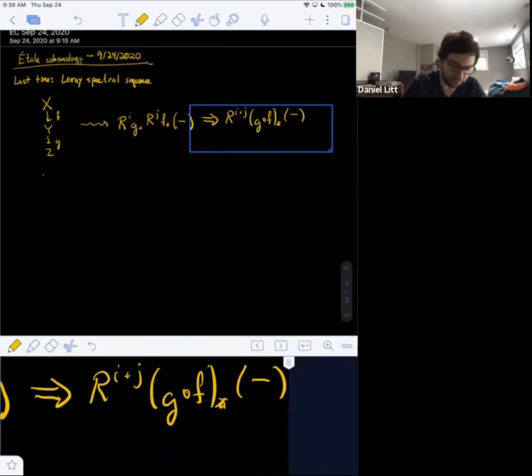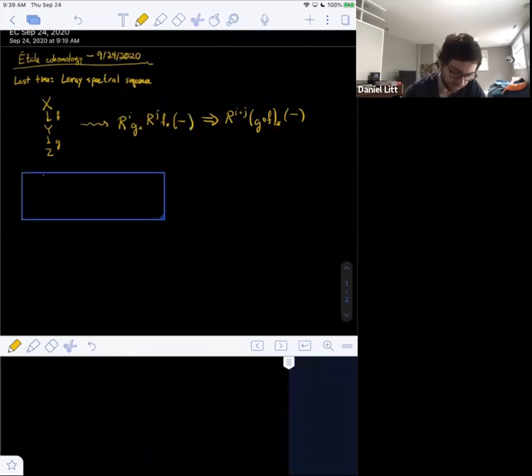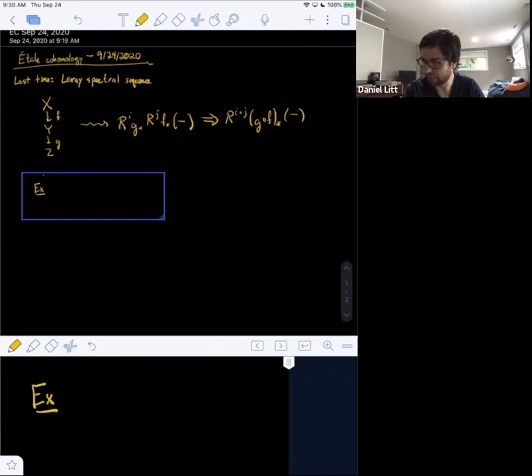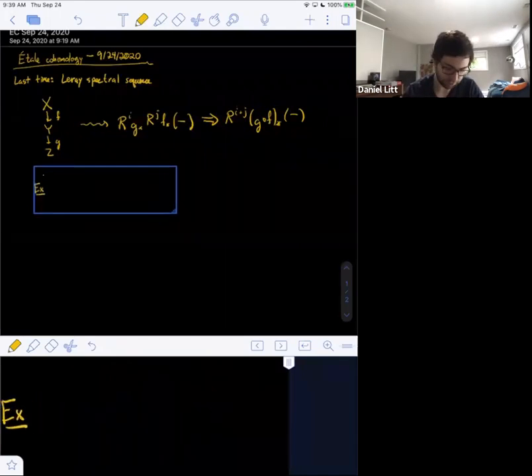I want to give some examples, or at least one example, about how one can apply this. Suppose I have X mapping by some map pi to Spec K, where K is not algebraically closed.